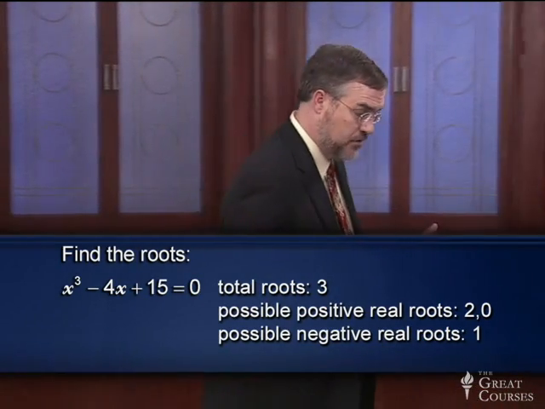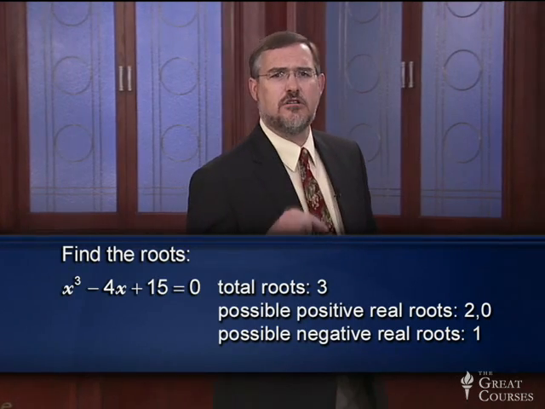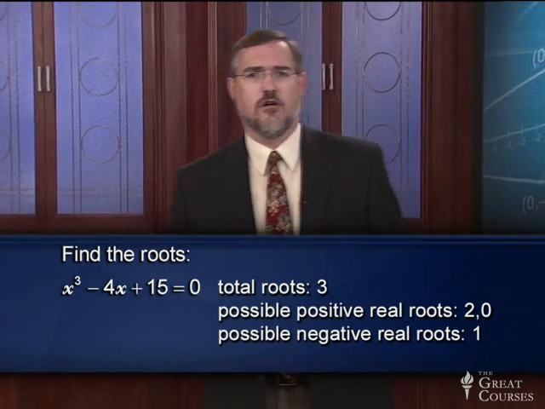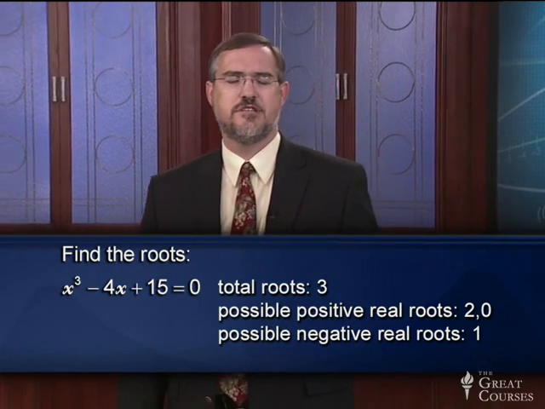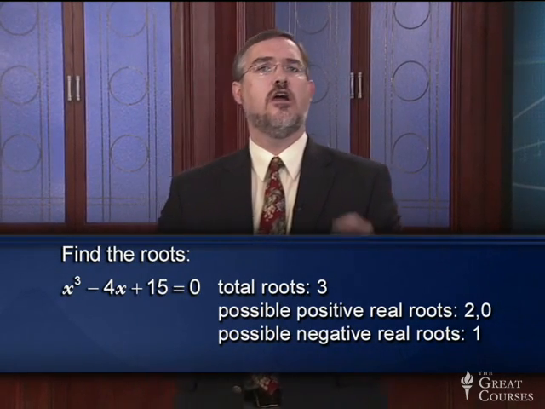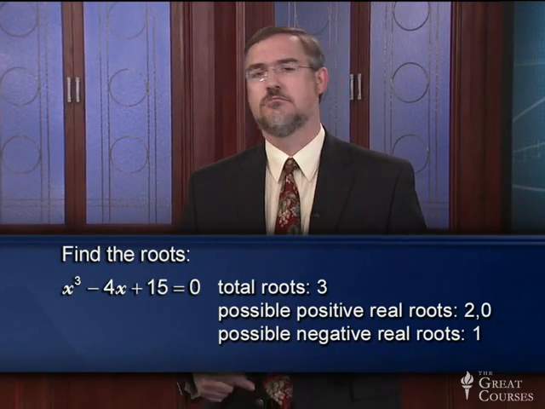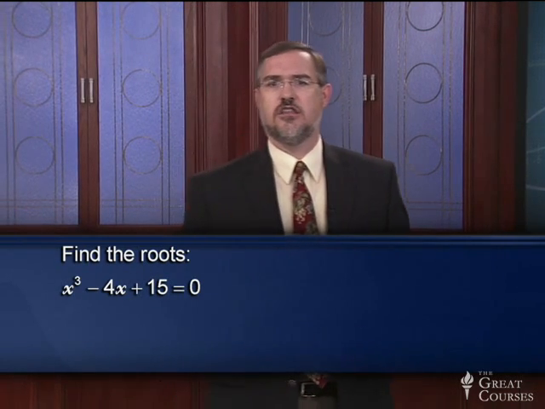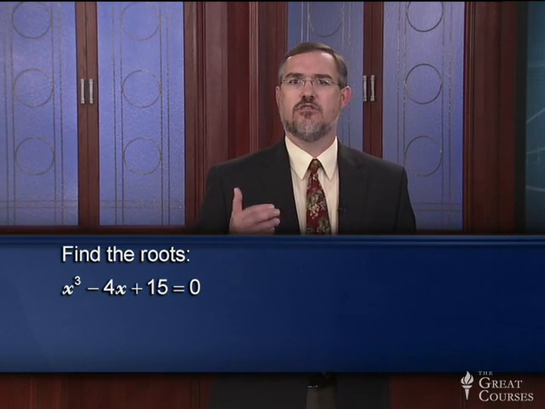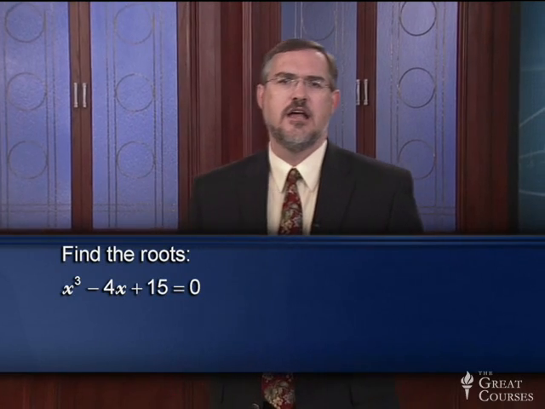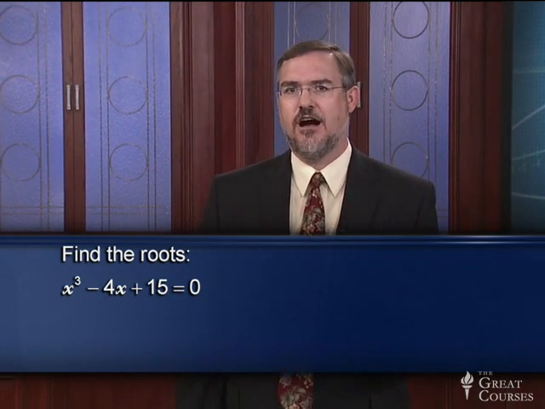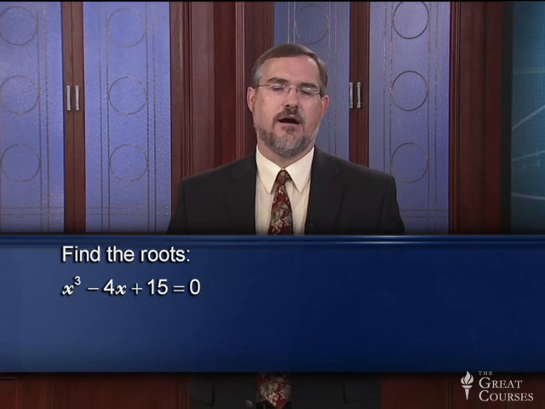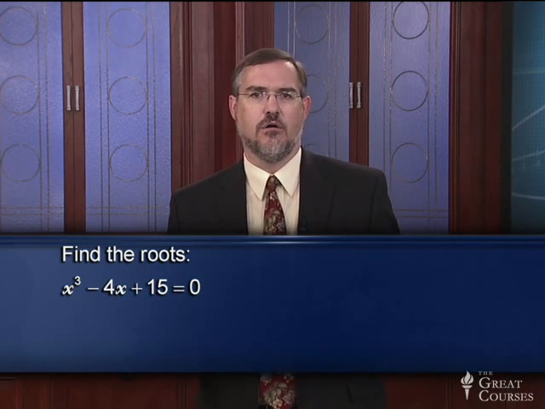Now we've used a few tools already. Let's go work with the rational roots theorem to see how many of these possible real roots from Descartes' rule are actually rational roots. Okay, so now I need to look at the equation again, and remember the rational roots theorem says that any rational roots are going to be a divisor of the constant term divided by a divisor of the leading coefficient.